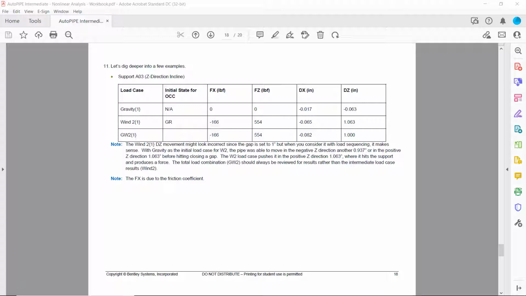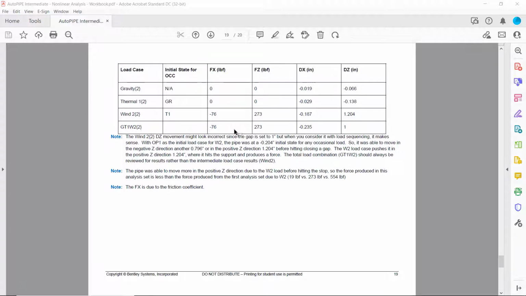Let's go to the next analysis set. Again, still focusing on support A3, the Z direction incline support with the 1-inch gap. And again, I'll do my best to draw this example. Positive Z this way.